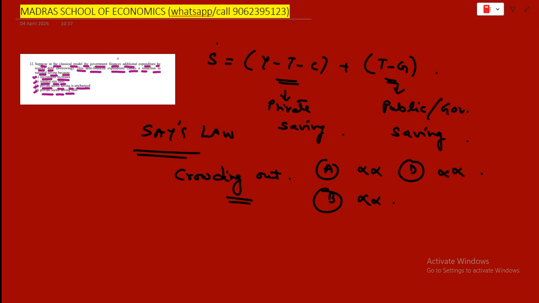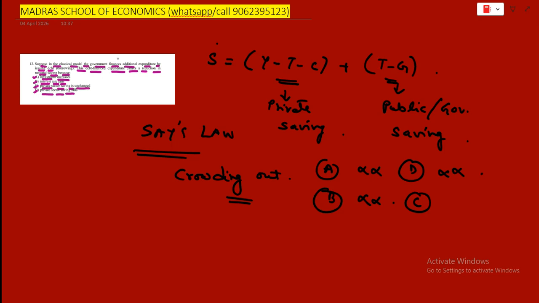Now that leaves us with option C, private sector saving is unchanged. Why? Because in the classical framework we assume income is fixed at full employment, and if you are not told that people change their consumption habits specifically to offset the government, then the private saving, that is Y minus T minus C, stays put.